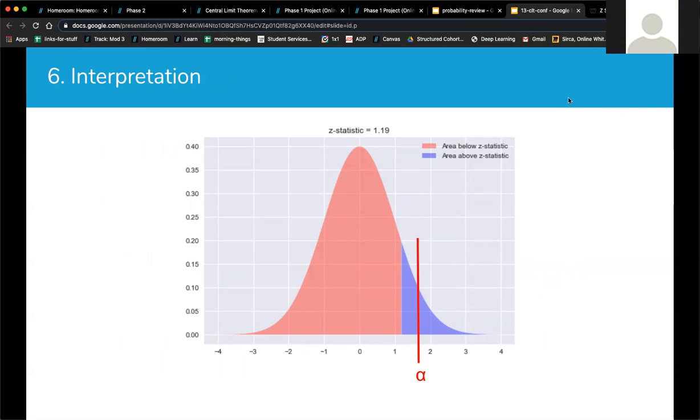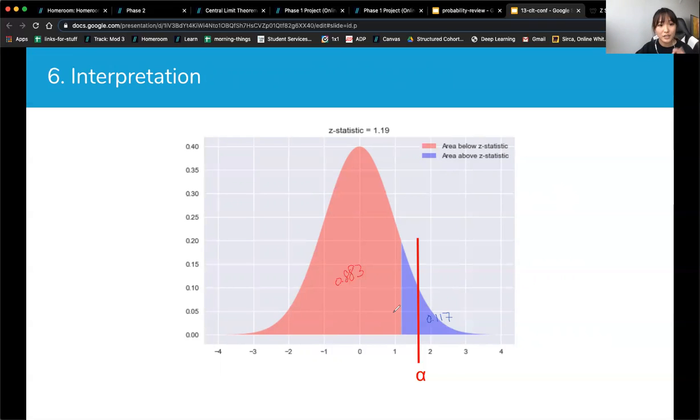And let me just draw that real quick. So this area, 0.883. And because this red area is 0.883, this blue area is 0.117. Is that right? Yeah, 0.117. The blue area is 0.117.